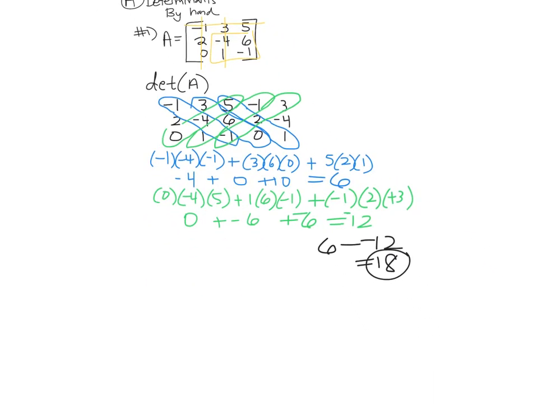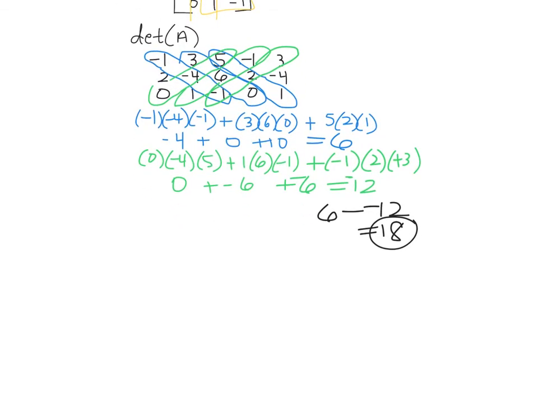So, are you good? Do you want to try one on your own? No? Okay, let's do one on the calculator now. From here on out, we're going to do calculator stuff. So, number 2.